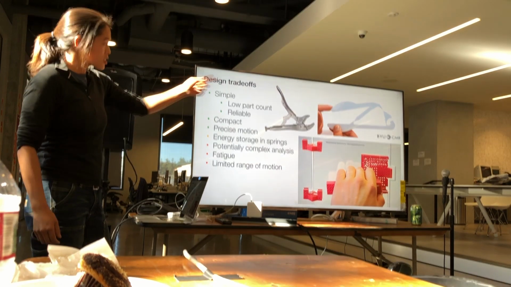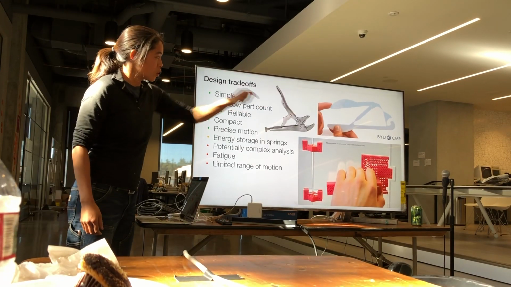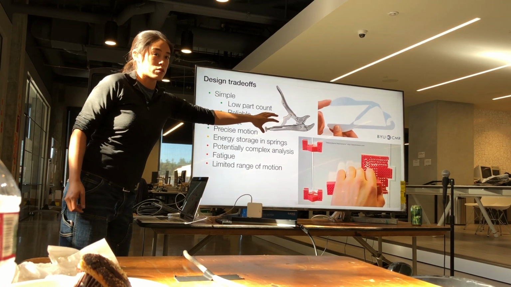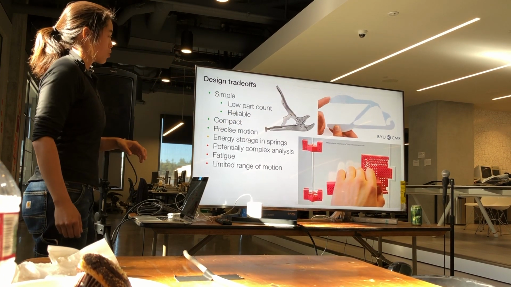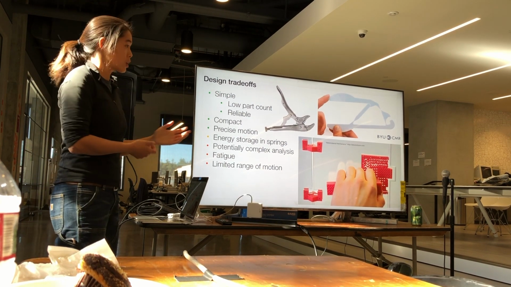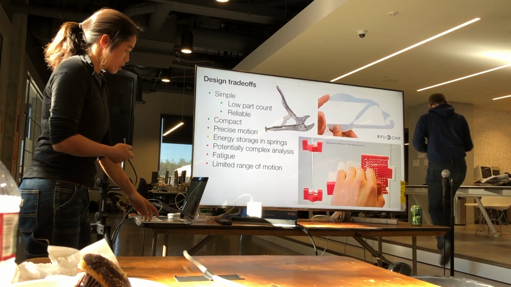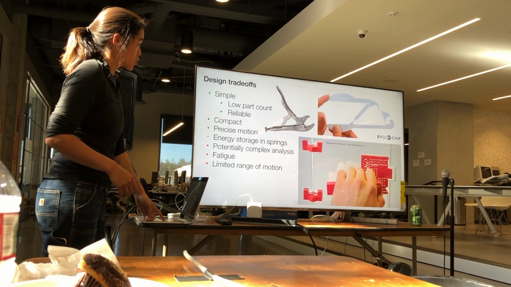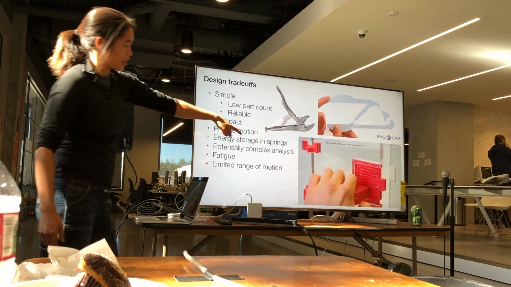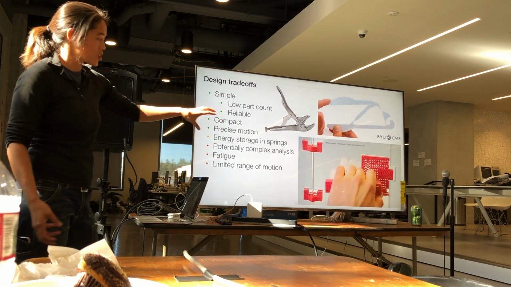Whereas this example over here is one piece of plastic that essentially has all of the same motions that this one does. So lower part count, you don't have to worry about friction between any of the joints. There are conditions where it would be much more reliable. This is another example of a one-piece door latch.